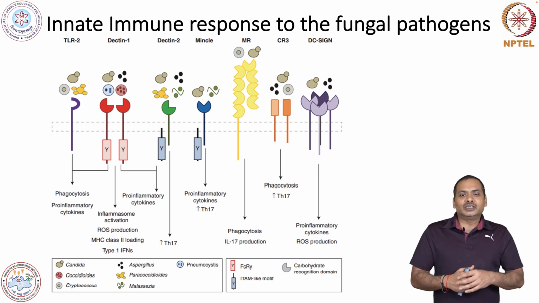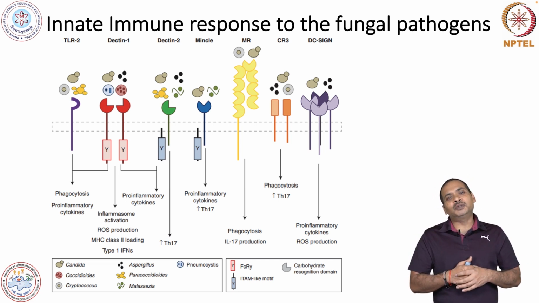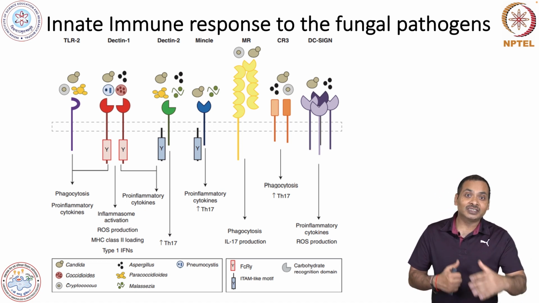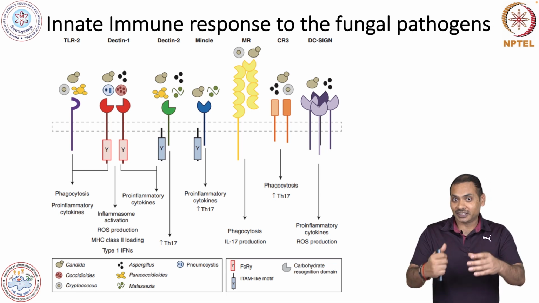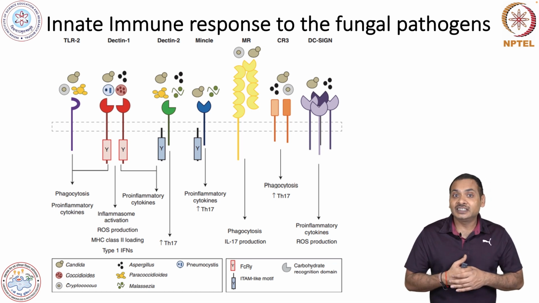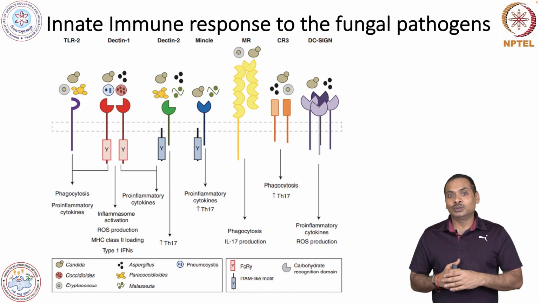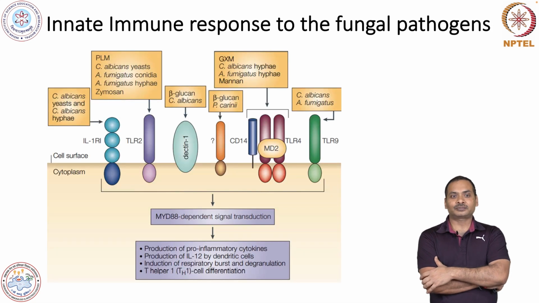So these pattern recognition receptors not only play an important role in innate immune defense, they also link with the adaptive immune response. They activate the Th17 cell response in order to get rid of the fungal infection.